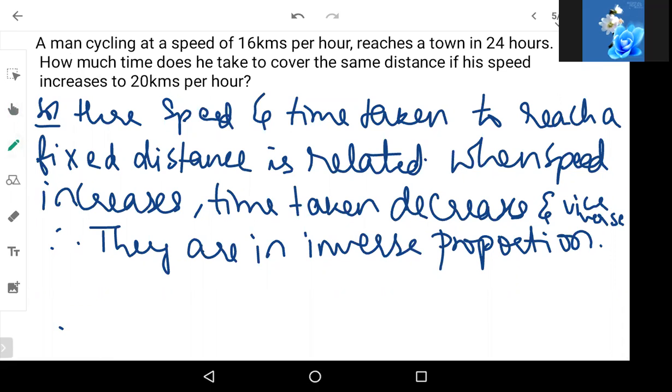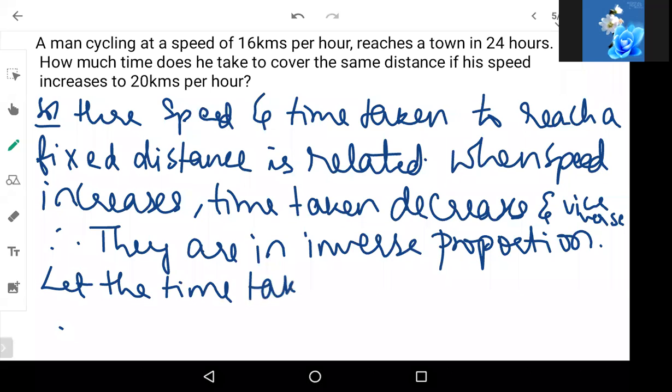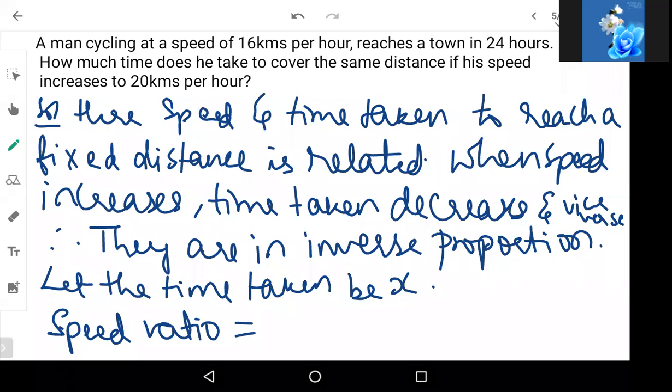So let us define that unknown variable. Let the time taken be x. So therefore we have speed ratio. What is the speed ratio? First they were, you can just keep it as x.